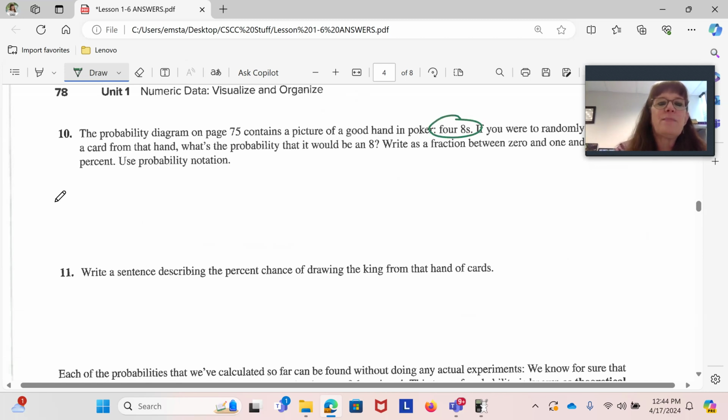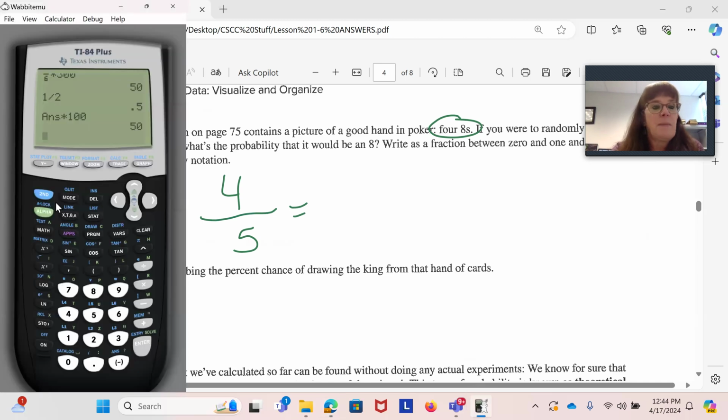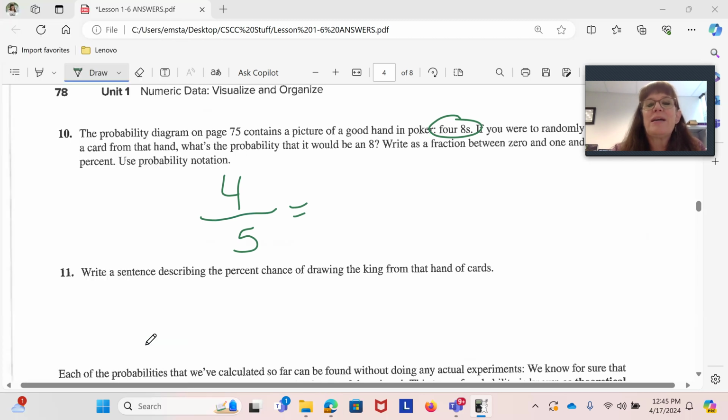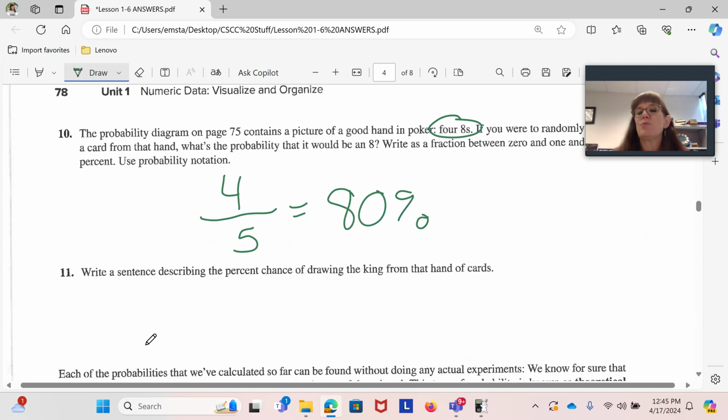There were 4 of them, out of how many total cards? There were 5 total cards. So that's my answer as a fraction. To write it as a percent, I need to take 4 divided by 5. It's 0.8 as a decimal. And then multiply by 100 to get your percent. So about 80% of the time, we expect to pull an 8 out of that hand.